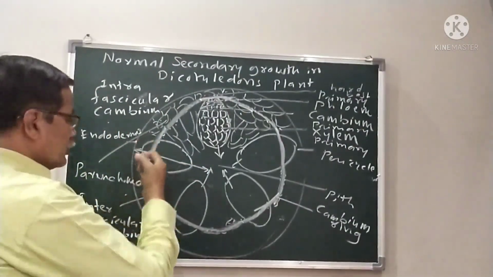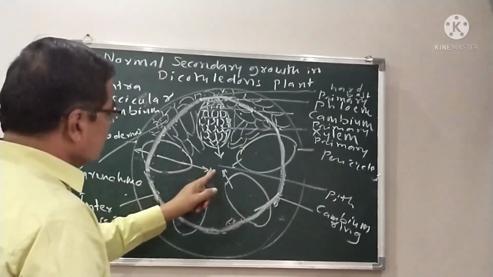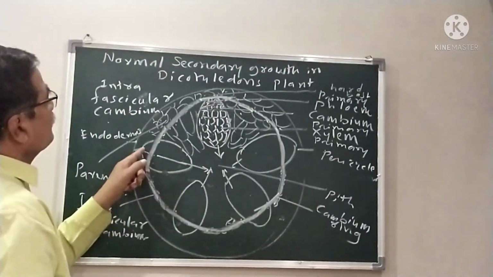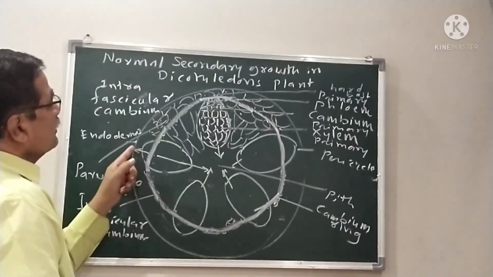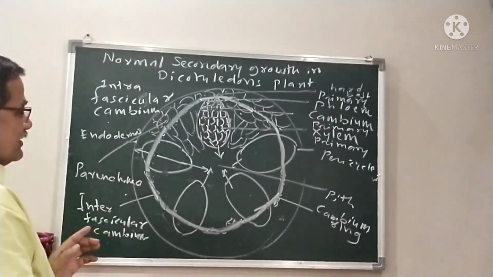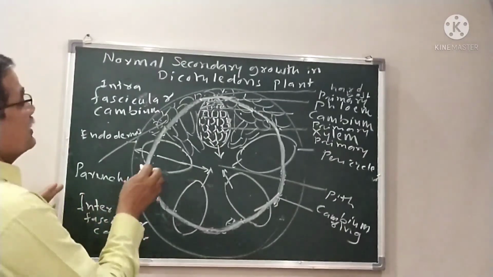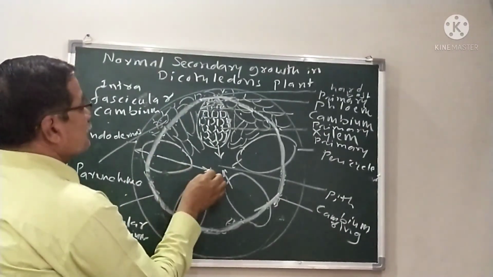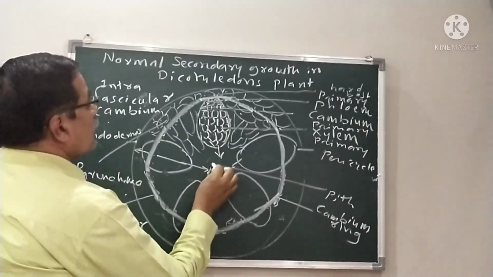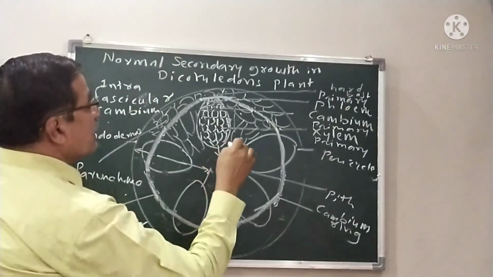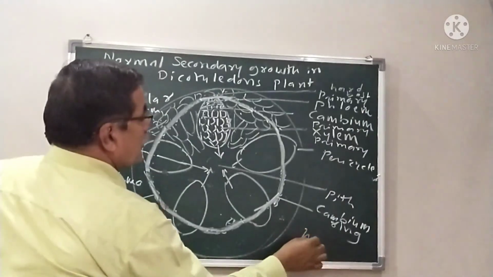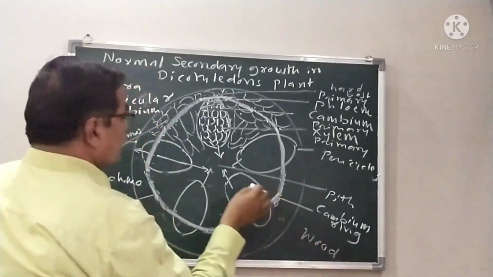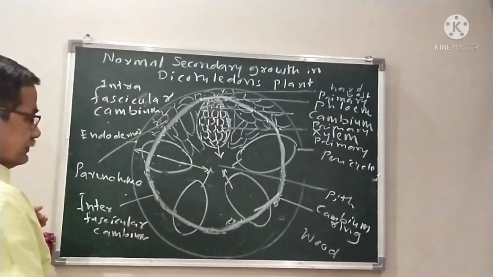This pushing of the primary xylem takes place every season. As the major portion is pushed towards the center, the pith, which is parenchyma, is obliterated, and in the center the secondary wood is formed from the secondary xylem.